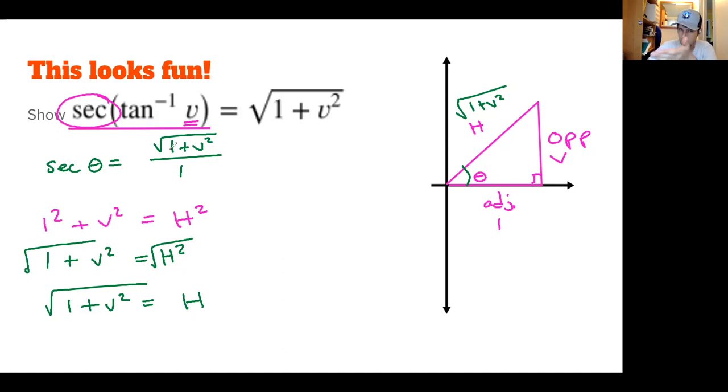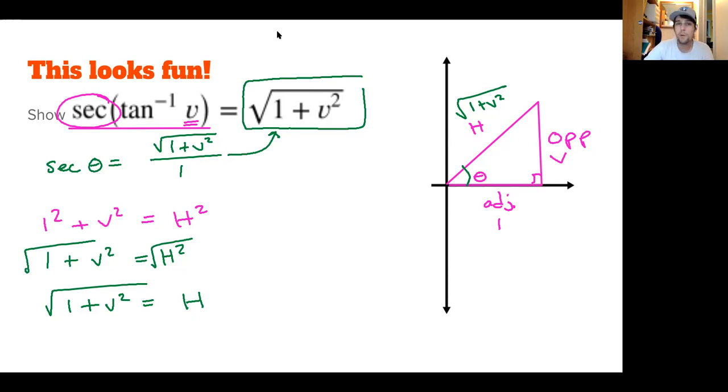Well, over 1 doesn't really do anything. I can just turn it into this thing. Same thing. We were able to demonstrate that the secant of this angle in terms of v is equal to that. Kind of a neat thing, but we totally abstracted the process away from the unit circle, away from numbers and all that. So hopefully that made more sense.